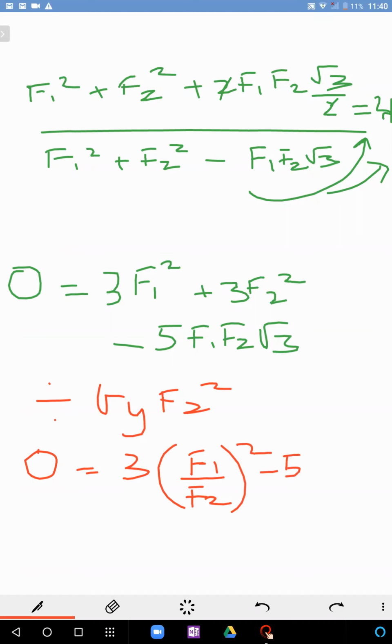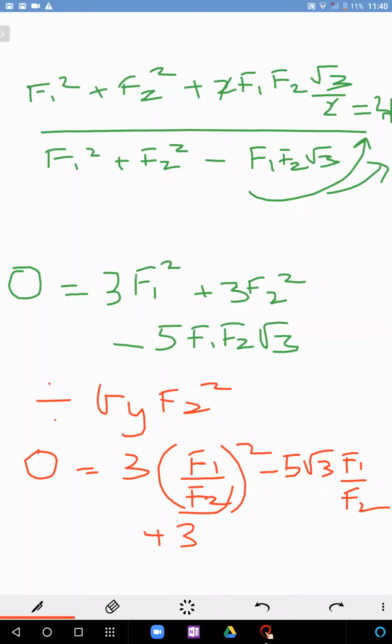But can you see how it makes sense? f2 square से divide करेंगे तो पहला टर्म तो f1 square by f2 square हो जाएगा. फिर ये टर्म, इसको जब f2 square से divide करेंगे तो एक f2 कटेगा और एक f2 नीचे रह जाएगा. So this becomes minus 5 root 3 f1 by f2. And then the last one plus 3 f2 square by f2 square.